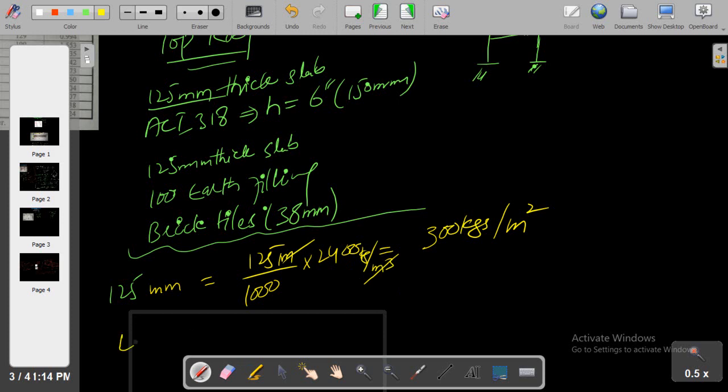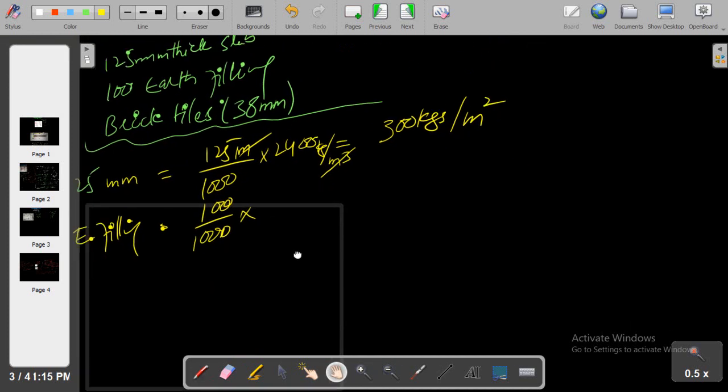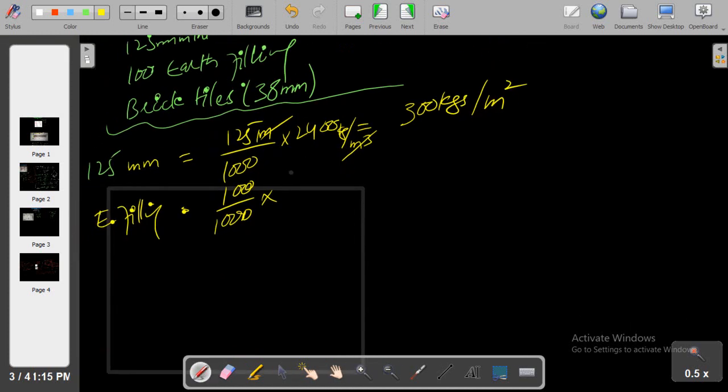Similarly, earth filling: that is 100 divided by 1000 times the density of the earth filling. The density of earth filling in the FPS system is 100 to 110 pound per cubic feet, while in SI units it is 1800 kg per cubic meter. This is in the MKS system, right?